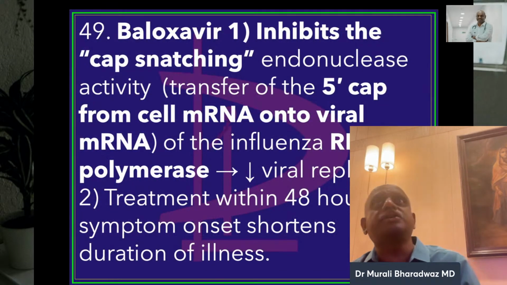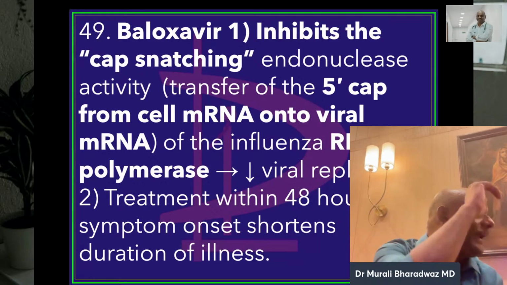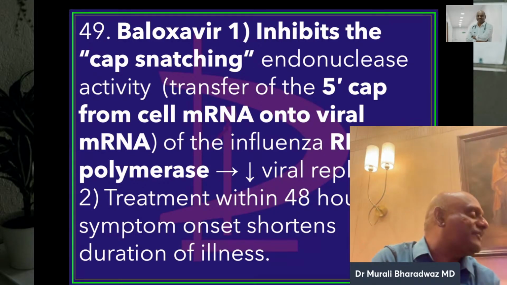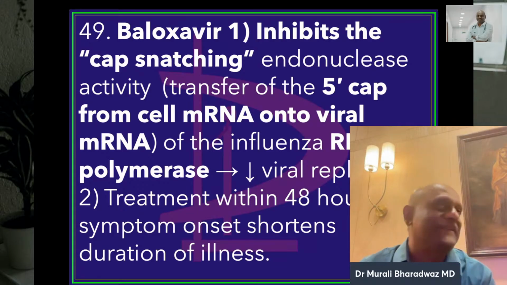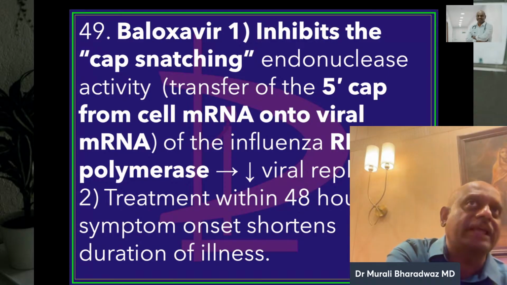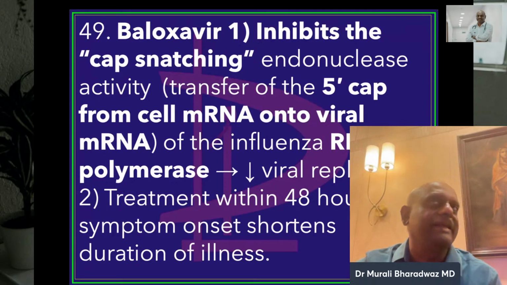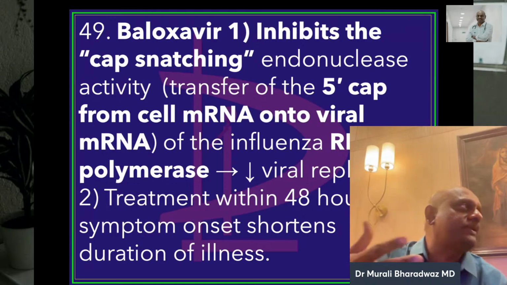Then you have baloxavir. What is it? There is a function called cap snatching endonuclease activity. It is the transfer of the 5' cap from the cell's mRNA to the viral mRNA. That is required for the virus to perpetuate.